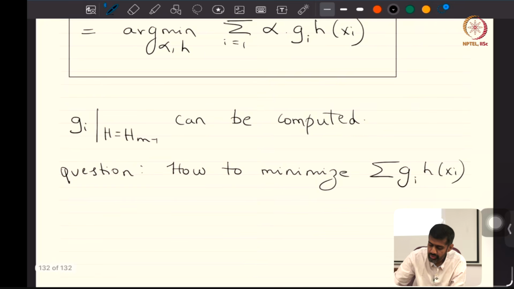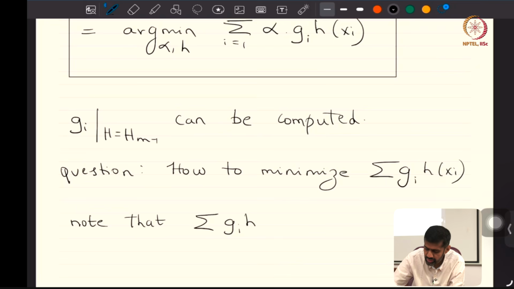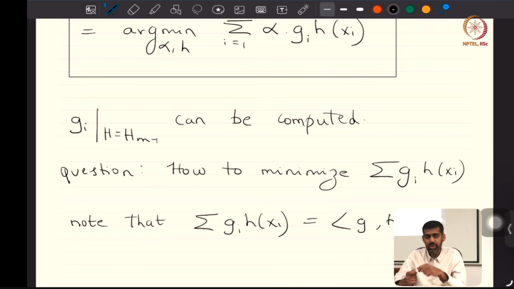How to do this? So, please note that this product that we want to minimize now is nothing but the inner product between these two vectors. If you look into these two as n dimensional vectors, what we are computing is nothing but the inner product. If you have inner product of two vectors, you will have to find h that would minimize this.